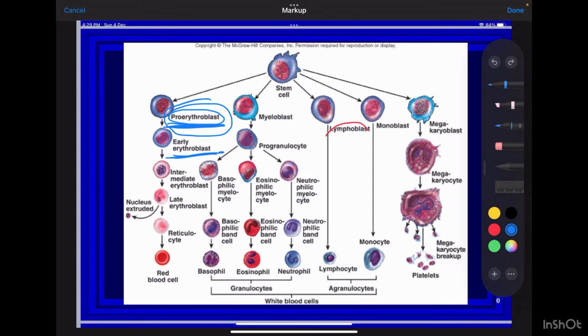Okay, we will get the late erythroblast, and then we get the reticulocyte. Before we get the reticulocyte, the nucleus almost disappears. This is the reticulocyte, which is then going to become a mature erythrocyte.